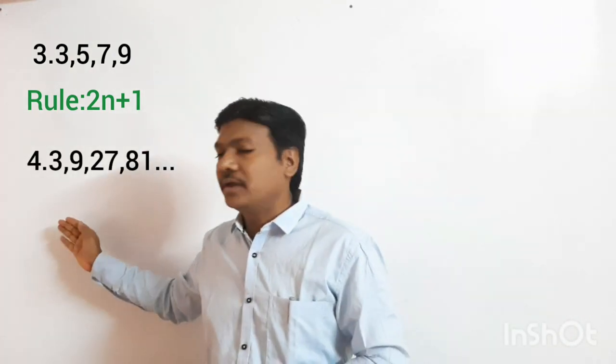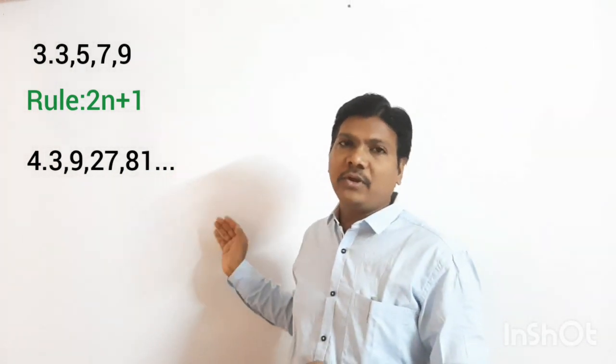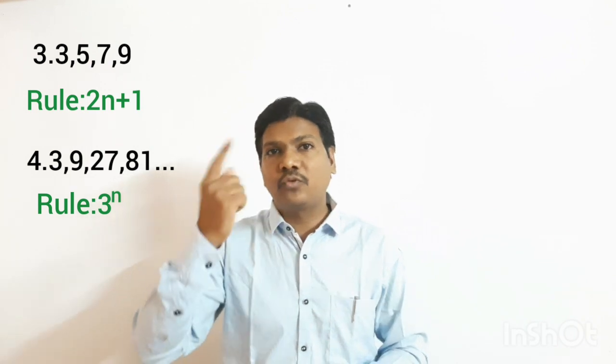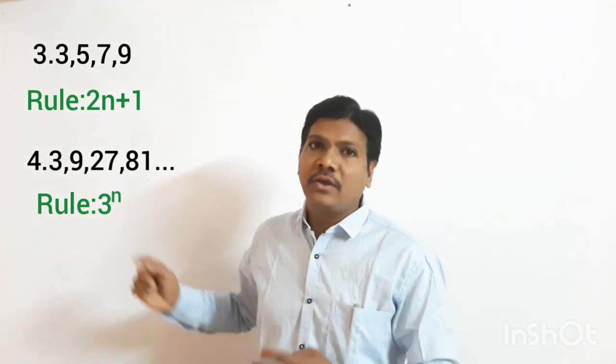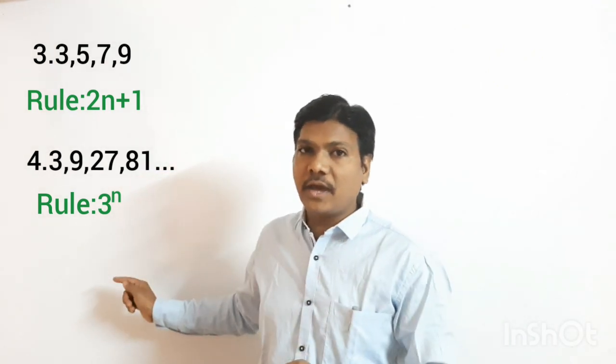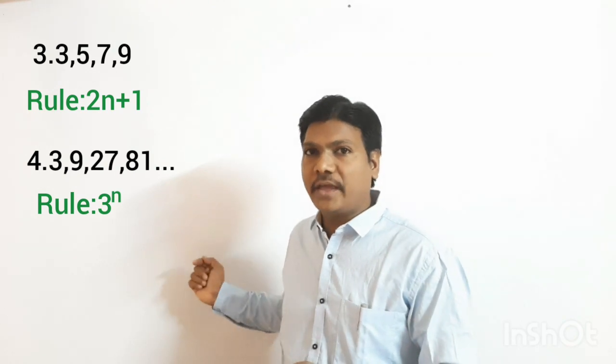Then the fourth: 3, 9, 27, 81, and so on. So here the terms are powers of 3, that is 3 raised to n, where n belongs to N. 3 raised to 1, that is first term 3. When you take 3 square, the power is 2, that is 9. 3 cube, that time 27. 3 raised to 4, that is 81.